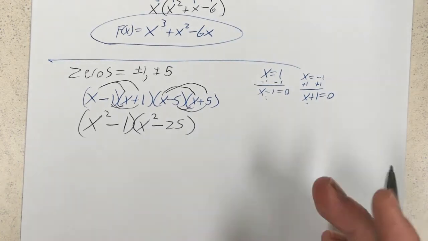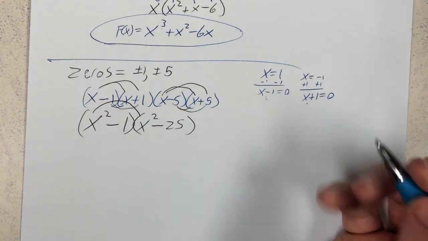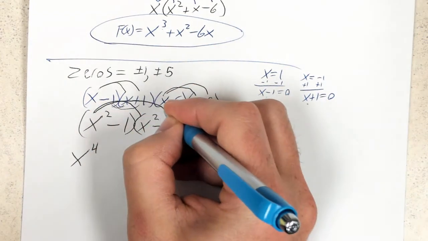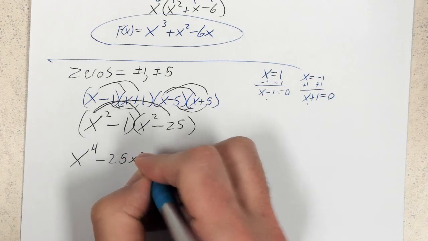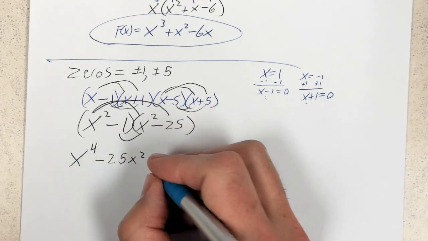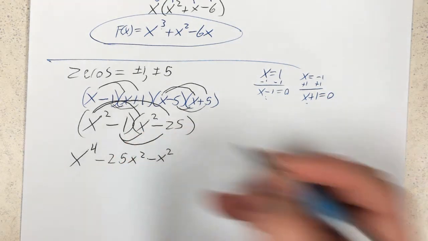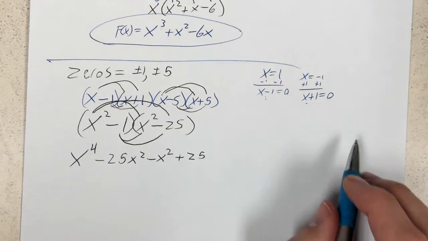Now the multiplication we actually do have to do is we have to take x squared and multiply it by x squared. So that'll give us x to the 4th, x squared times negative 25, negative 25x squared, negative 1 times x squared, negative 1x squared, negative 1 times 25, positive 25.